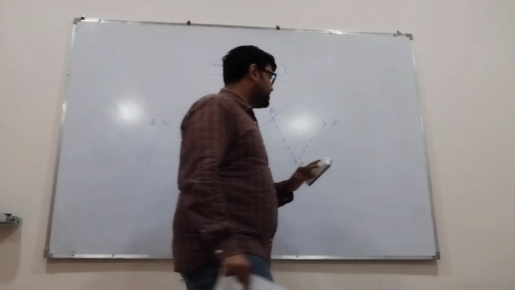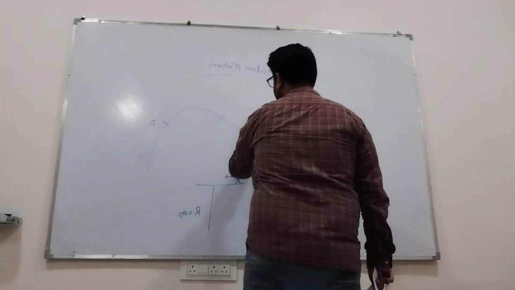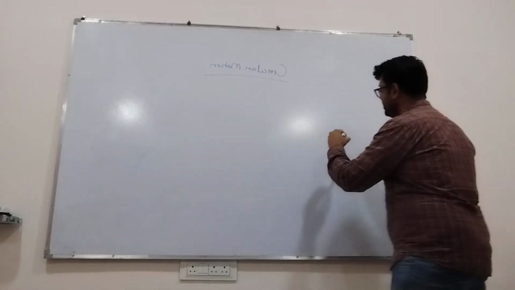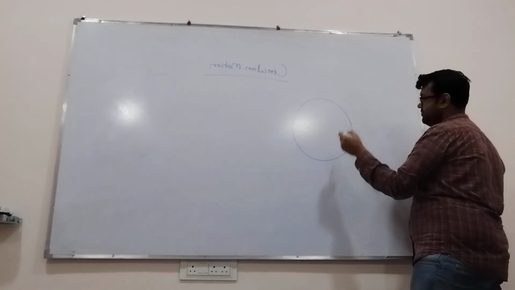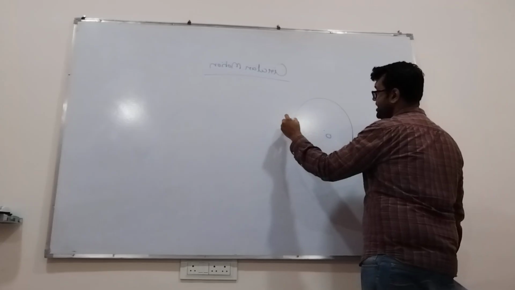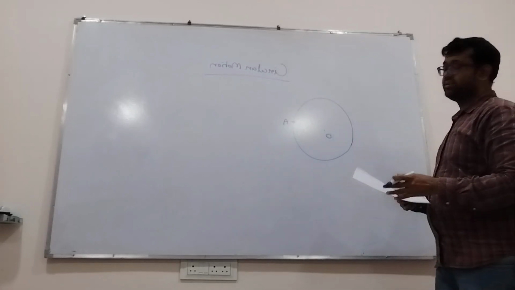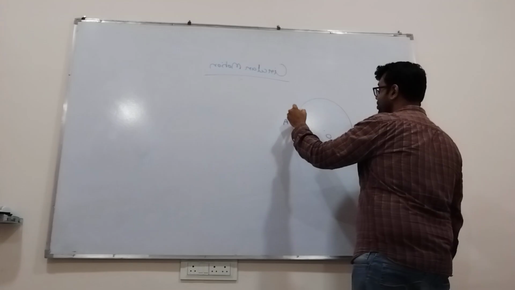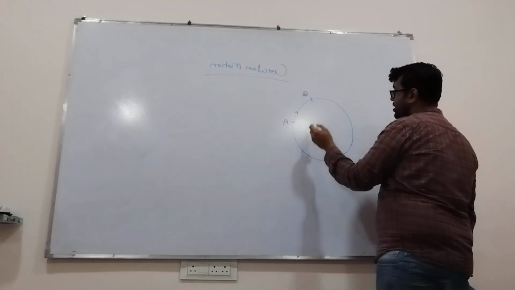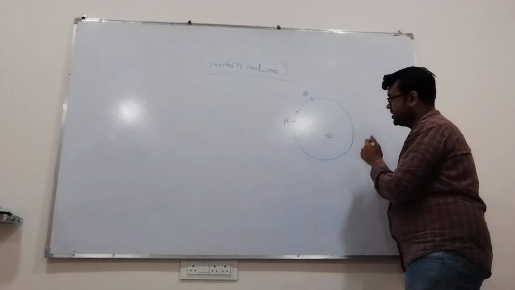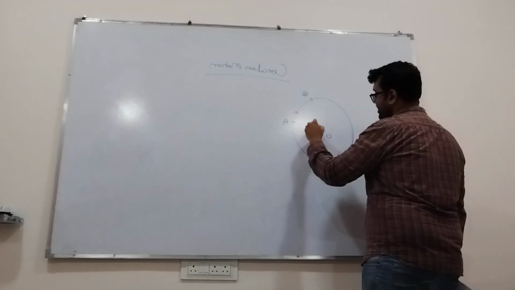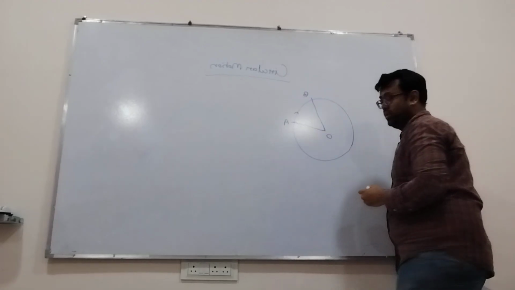So what is the angular displacement? Now suppose an object is doing a circular motion. O is the center of the circle and the object is here at a starting point A. It is moving in this direction and the object has moved from A to B. So in moving from A to B, let me join these two points first, OA and OB.